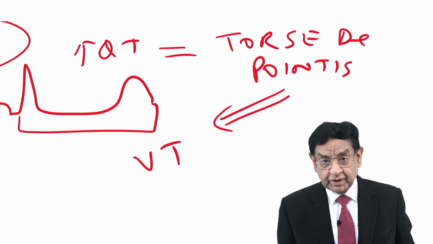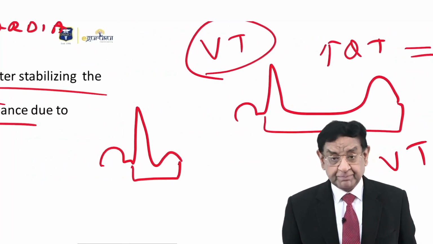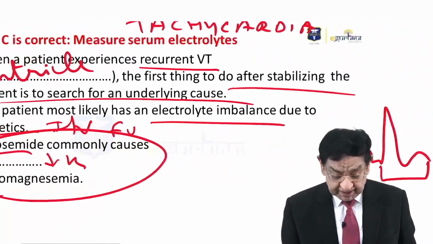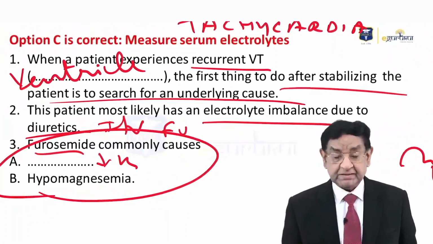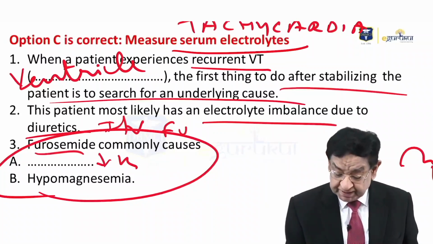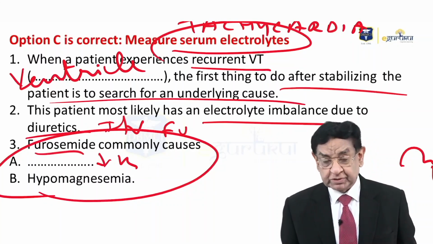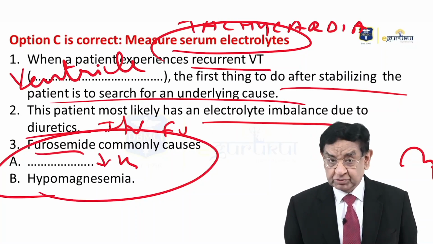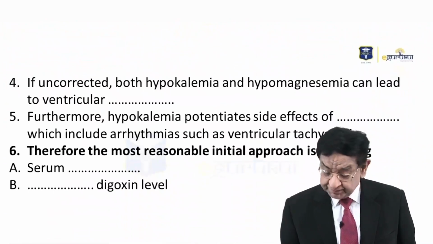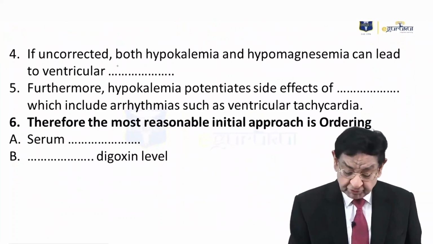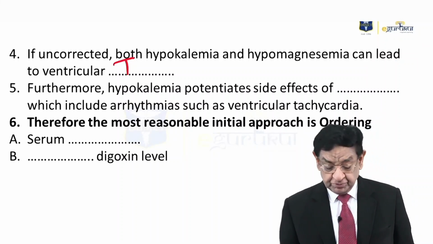So the ultimate reason is hypokalemia or hypomagnesemia. Hence, the best answer is that we measure electrolytes immediately, so that if the problem is there, we can do the correction. So it can lead to ventricular tachycardia, as I told you.